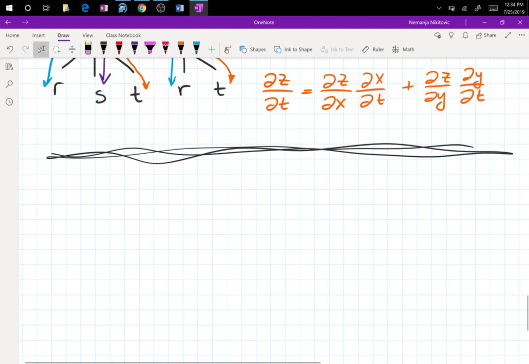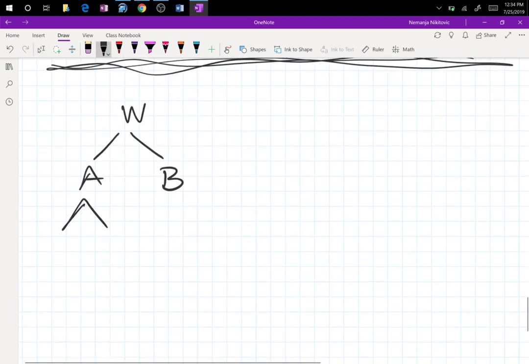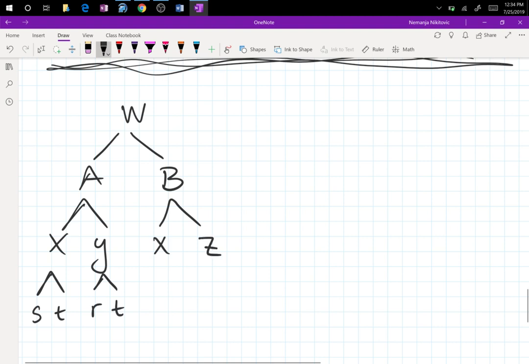So I can have w to be controlled by variables a and b, and I can have a be controlled by x, y, and then I can have x to be controlled by s and t, and y to be controlled by r and t. And then b to be controlled by x and z, and then you get the idea. So it can get as wild and as crazy as you want.